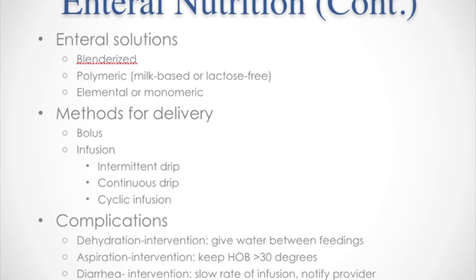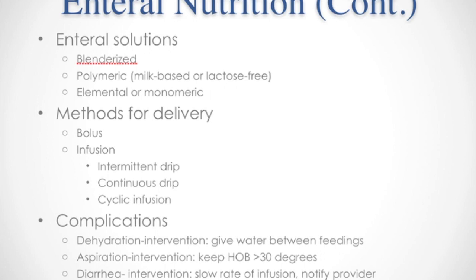There are some complications that you need to be familiar with for enteral tube feedings, and that includes dehydration. And how do we prevent that? We give the patient water through their tube feeding between feedings to make sure they have adequate water intake. Another risk is aspiration.